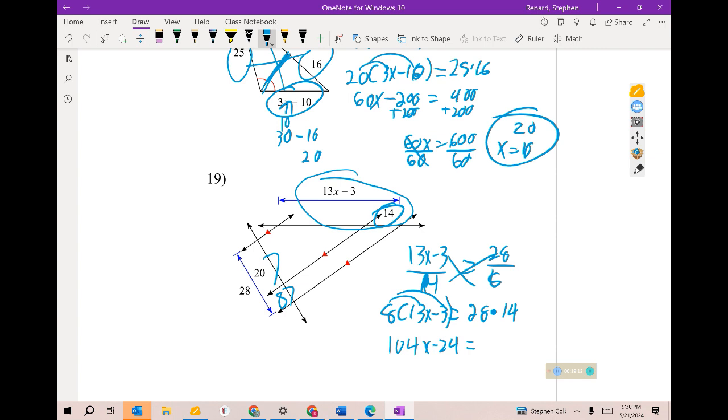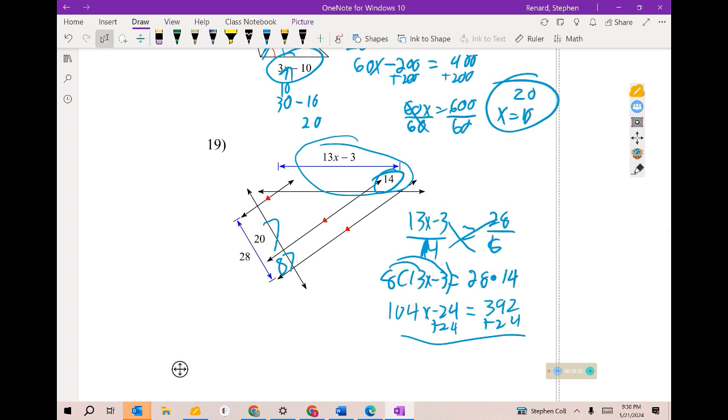So 390 something. 392. I'm going to add 24 to both sides, just basic algebra from here on out. We get 104x equals 416. Divide both sides by 104. And we get x equals 4.